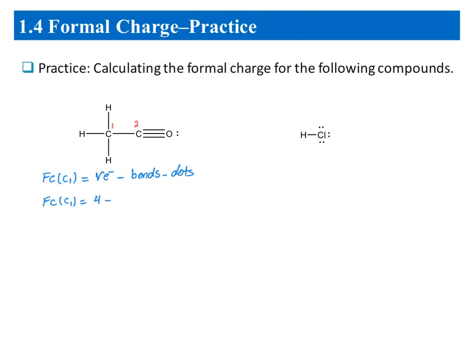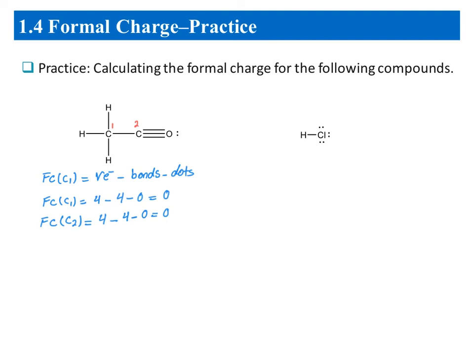It has 4 bonds around it, minus 0 dots on the carbon, which is 0. Now formal charge for carbon 2. Again, carbon is in group 4, 4 valence electrons. It has 1, 2, 3, 4 bonds around it, and again 0 dots, so it gets 0 formal charge.